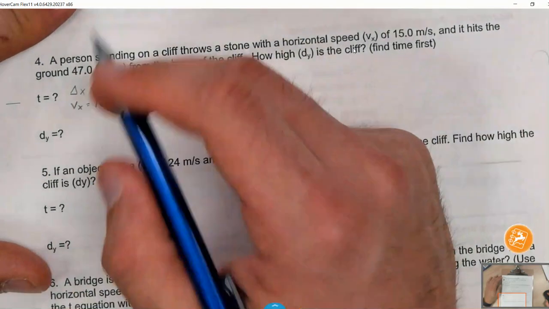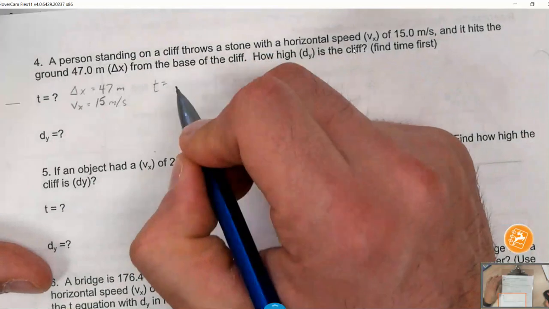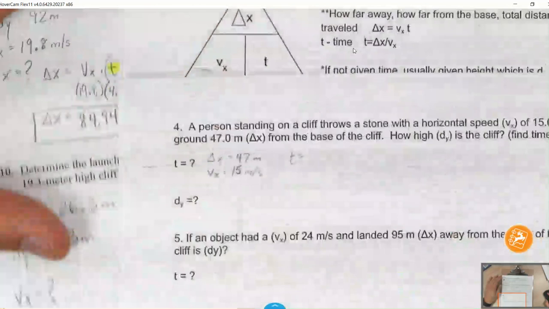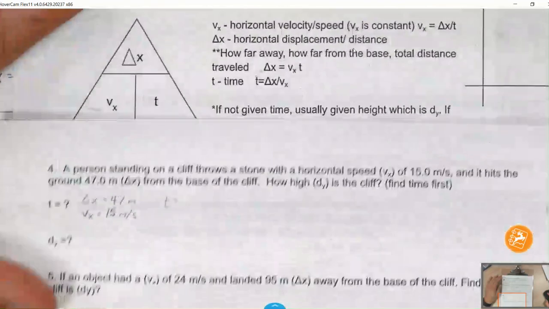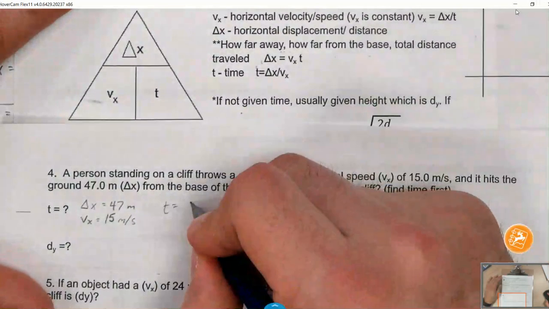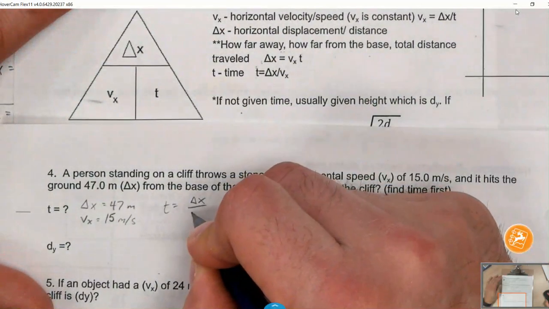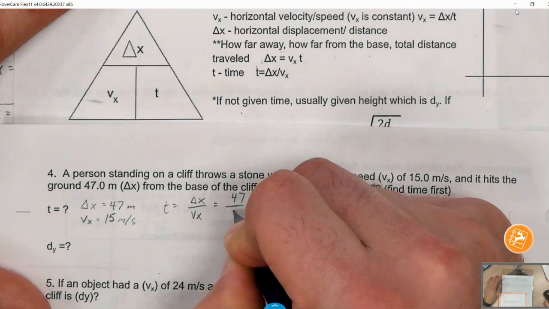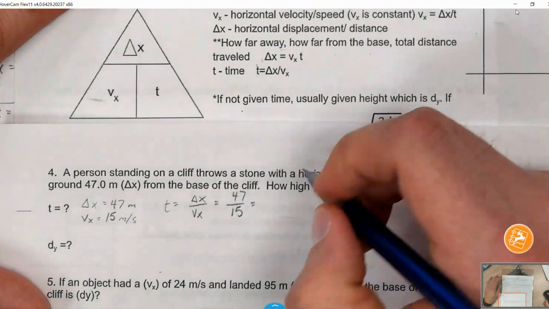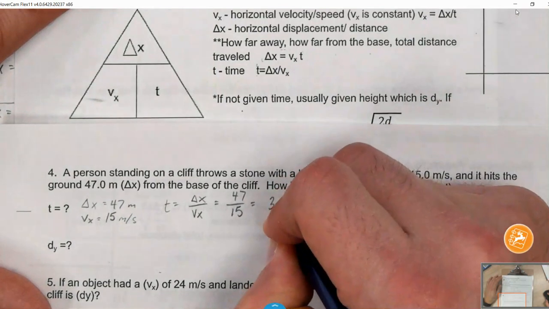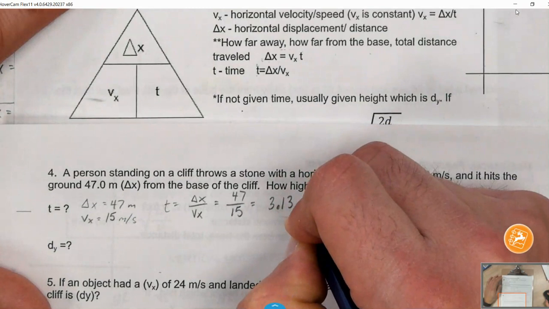If you're given both of the x's, you can find time with our equation here: delta x over vx. 47 over 15, and that gives us 3.13 seconds.